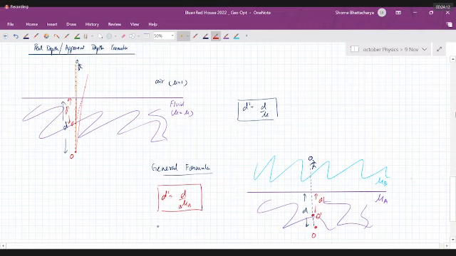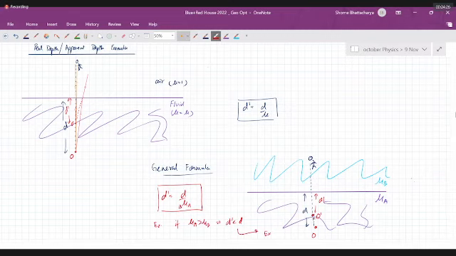So for example, if mu A is greater than mu B, then D prime will be less than D. And this is the example I've shown here, because the rays will go this way.